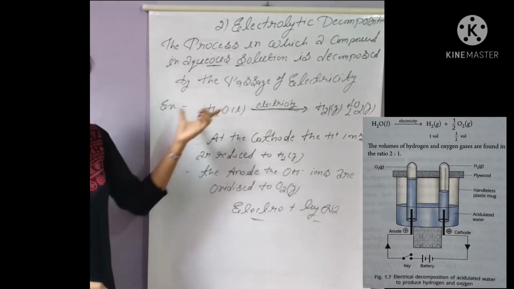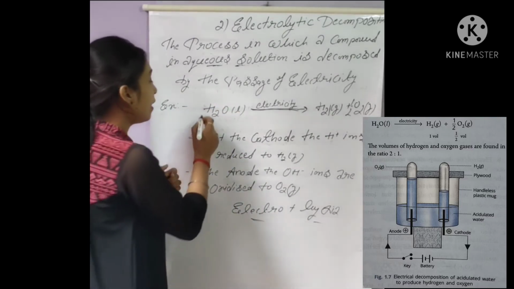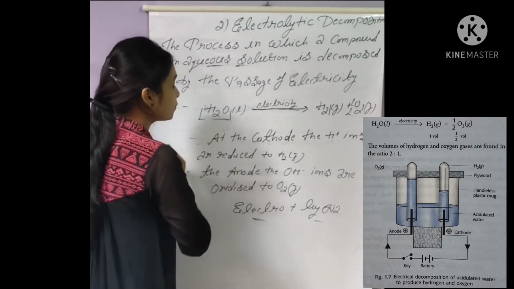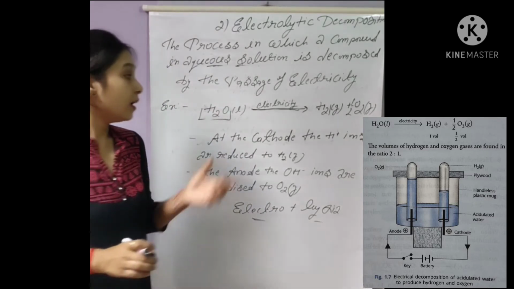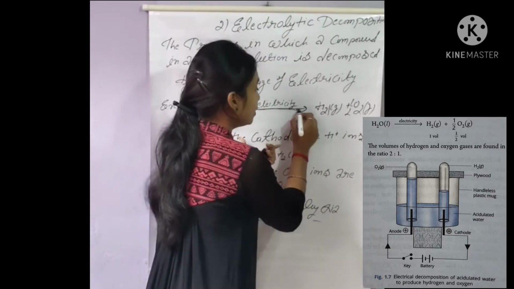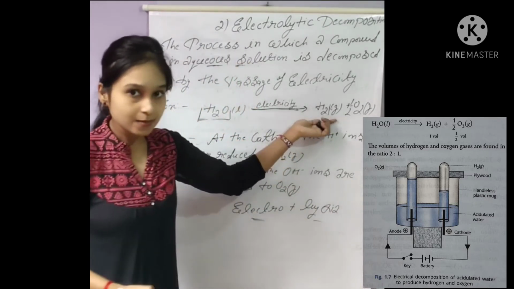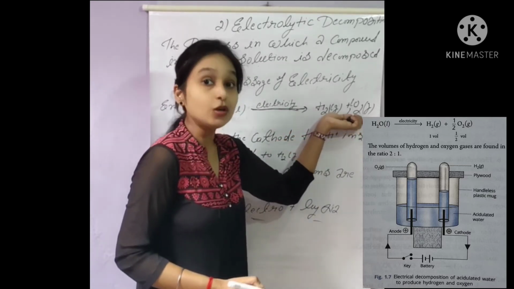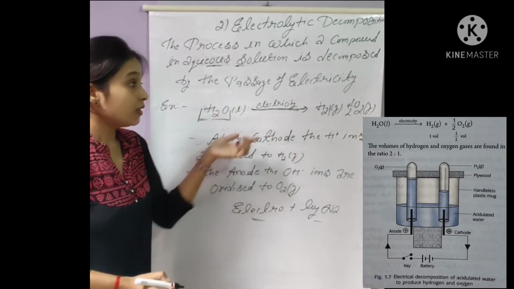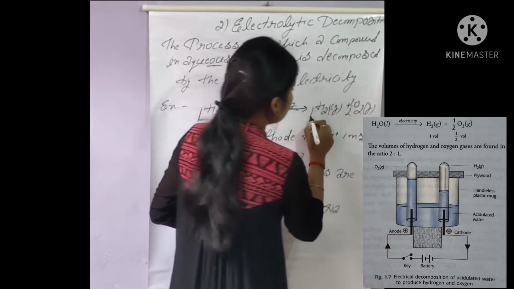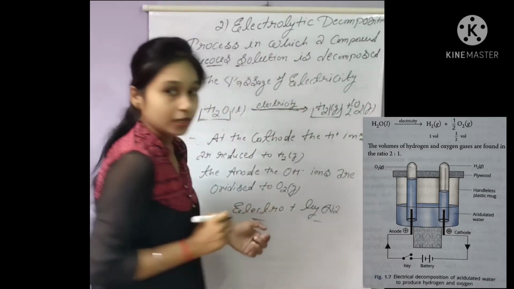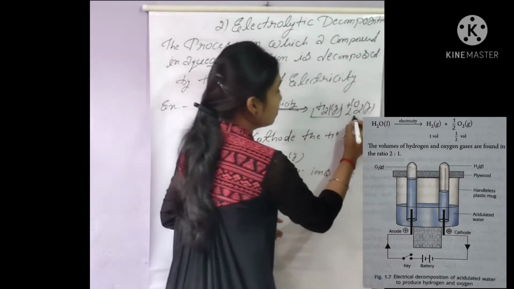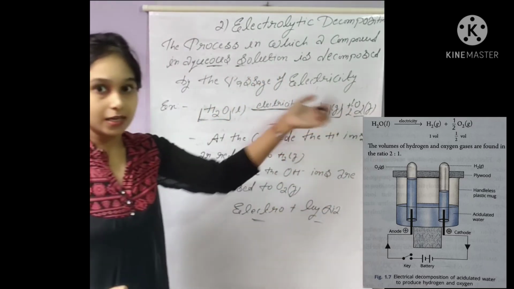Okay, so their activity is: you take H2O, provide electricity, and it is converted into H2 gas and half the amount of O2 gas. Okay, so in this condition this is a reducing condition, and this one is an oxidized condition.